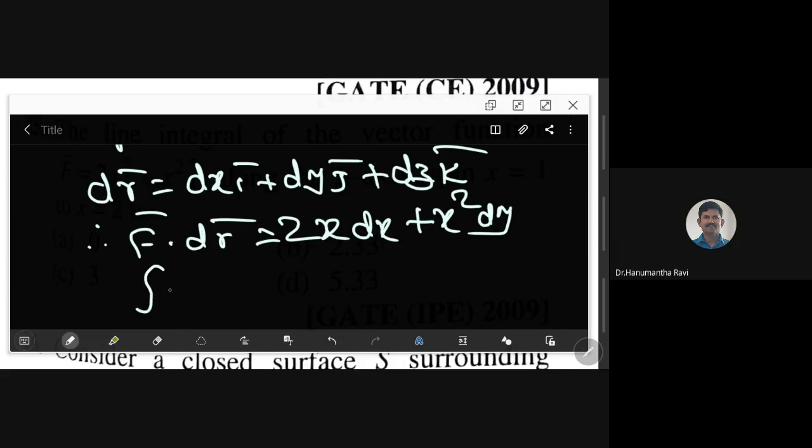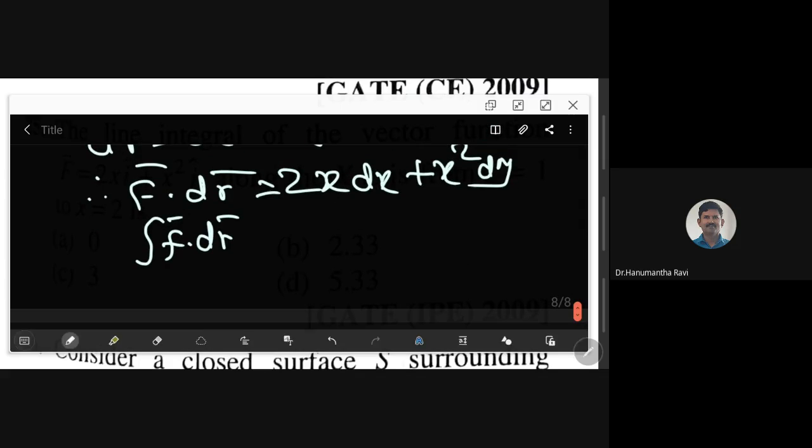We need to evaluate f bar dot dr bar along the curve. What is that curve? That is the question here. So this curve is 1 less than or equal to x less than or equal to 2. So x is varying from 1 to 2 along the x-axis. Along the x-axis the equation is y is equal to 0.